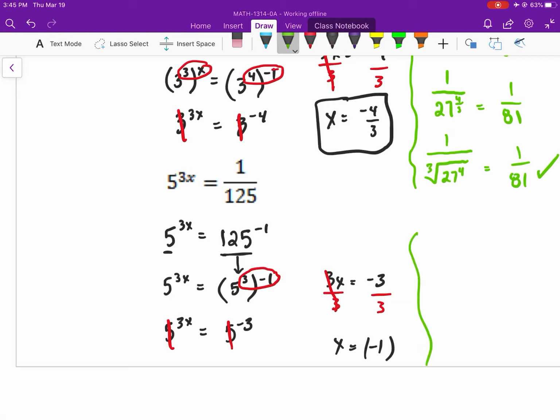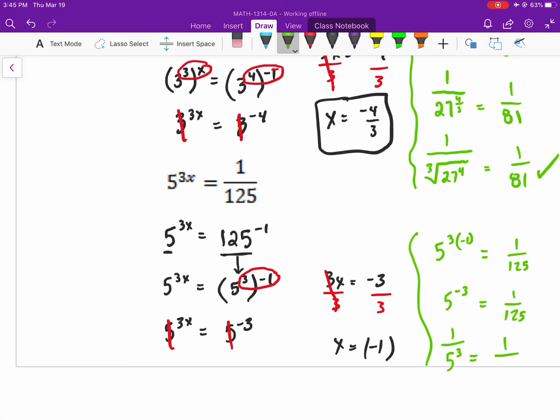Alright, let's double check this. I'm going to go back to my green pen here. 5 to the power of 3 times negative 1 equals 1 over 125. 3 times negative 1, that'd be 5 to the negative 3 power equals 1 over 125. Let's get rid of that negative.